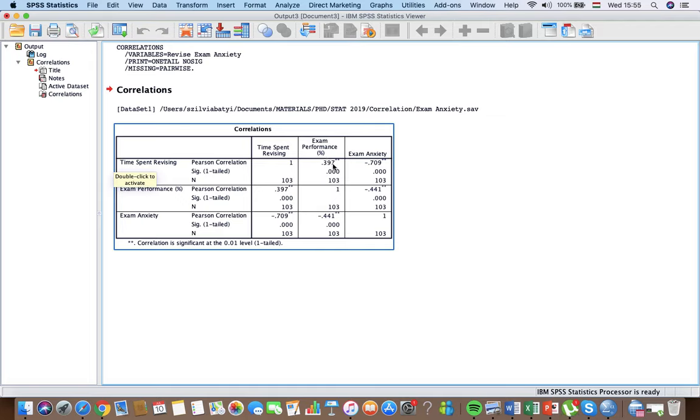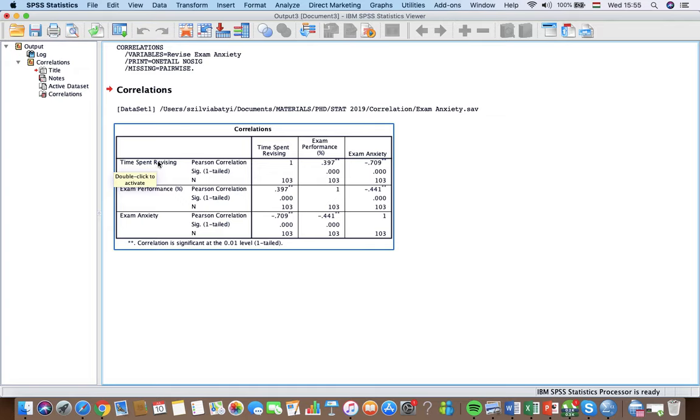It is flagged by these asterisks, so correlation is significant at 0.01 level. Then it means the more time you spend on revising, the better you perform on an exam. And this relationship is significant, and n is the number of participants.